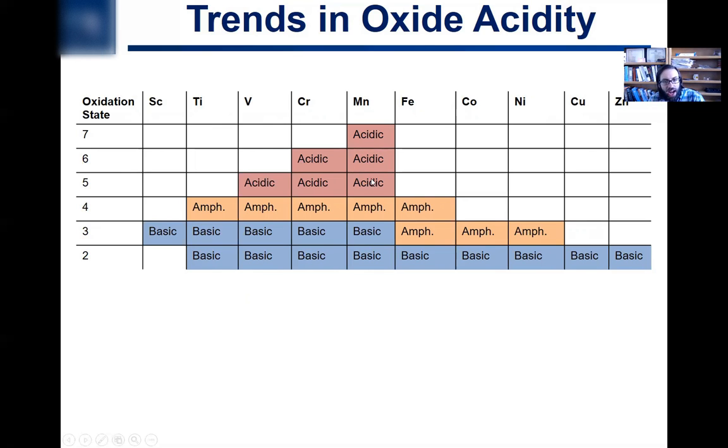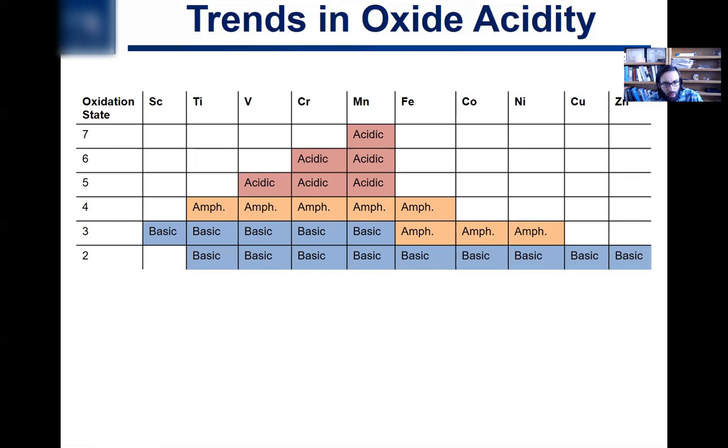Why would higher oxidation states be more acidic than, let's say, just plain old manganese(II) oxide, MnO, which is basic? In between you can see MnO2 is actually amphoteric. You can go both acid or base depending on the pH. Well, why would that be?